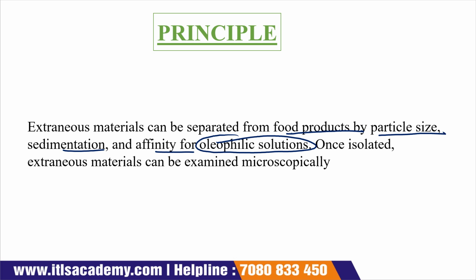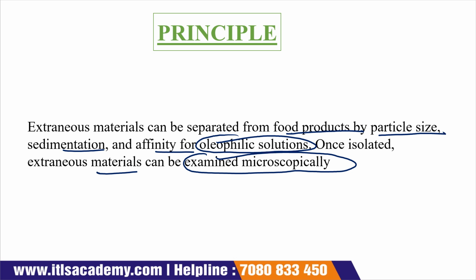Once the extraneous material is isolated, it can be examined microscopically. So first of all, we isolate this extraneous matter on the basis of particle size, sedimentation, and affinity with the oleophilic solution. Then after that, we examine it under a microscope.